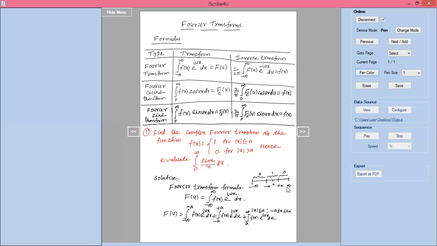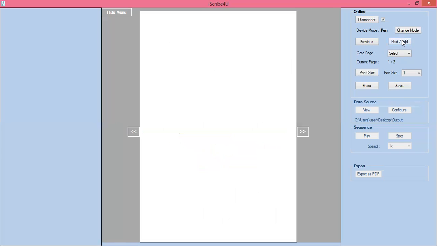On the next sheet I am going to write: F(u) equal to, so the first and third terms are 0, the integration from minus a to plus a.